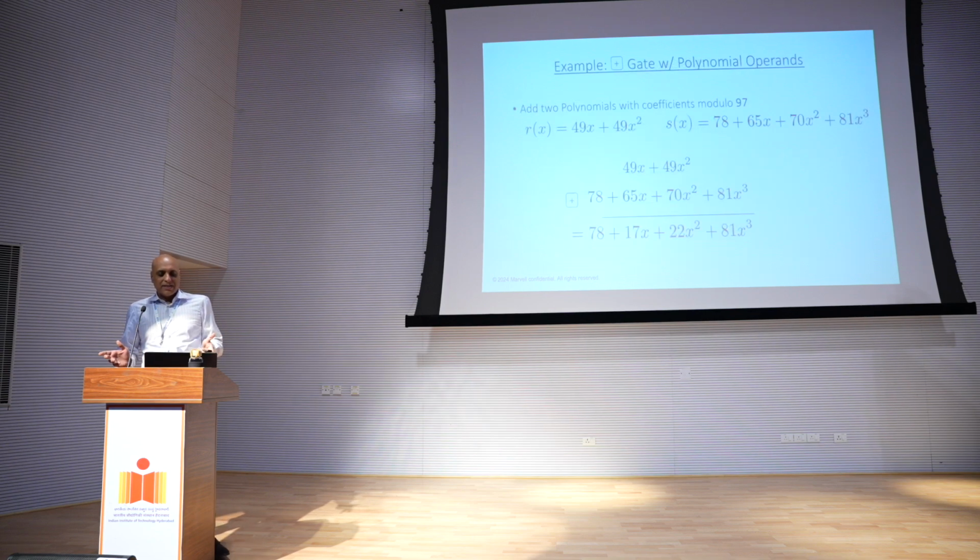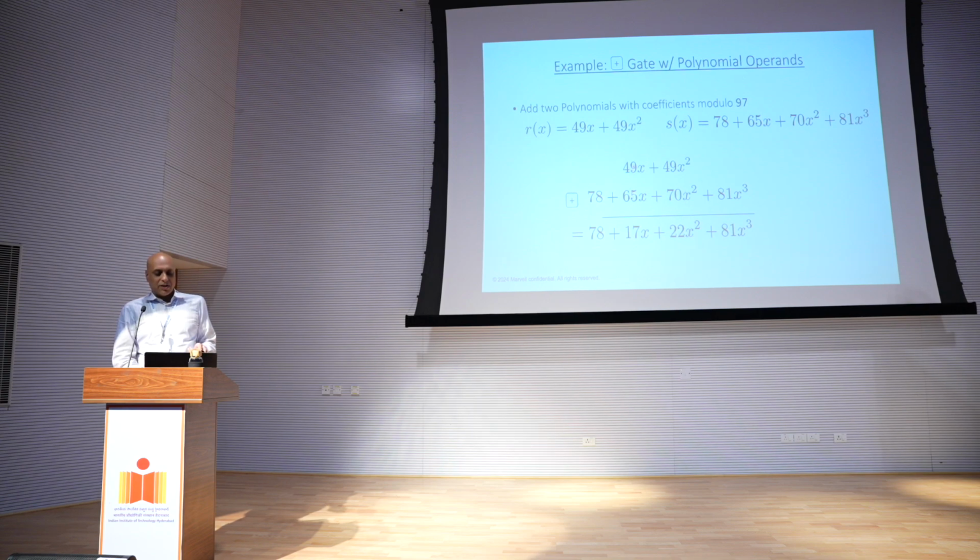So here is a simple example. Now I've chosen coefficients modulo 97. That was maybe a little too ambitious of me. I should have chosen a smaller modulus, but let's just stick with this. So we're going to add 2 polynomials where the coefficients are drawn from the integers modulo 97. And so, of course, as you can see here, we just gather the terms.